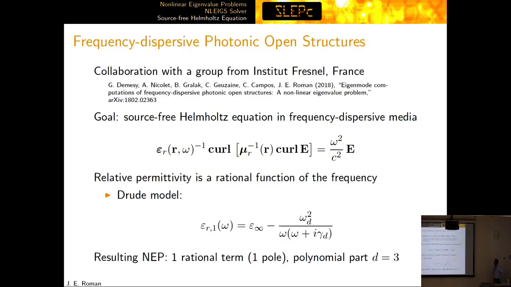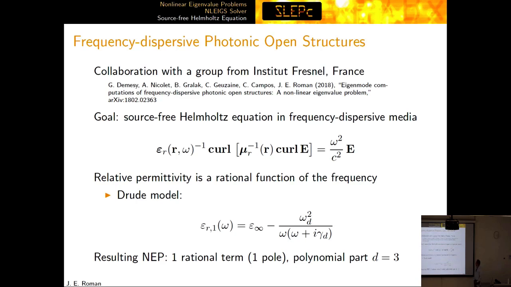So the last part of the talk is going to talk about applications. I'm going to show results of nonlinear eigenvalue problems that are rational. So the functions are rational. This first application is a collaboration with a group from Institut Fresnel in France, and it's related to photonic structures.